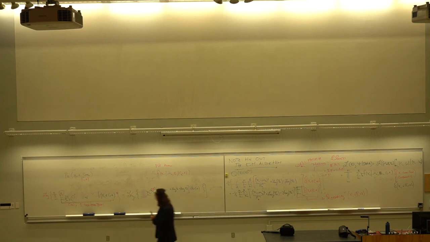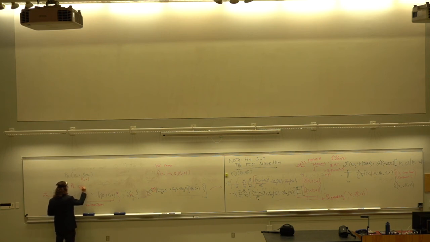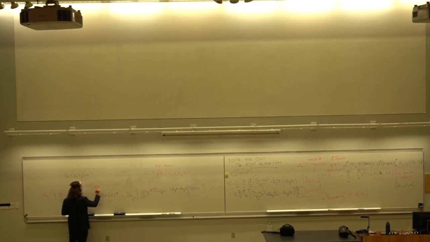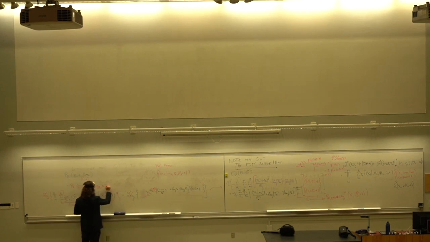So what I want is maybe something that looks like this: probability that ci is equal to k given xi and everything else. Mu k's, sigma k's, pi k's, k goes from 1 to capital K.